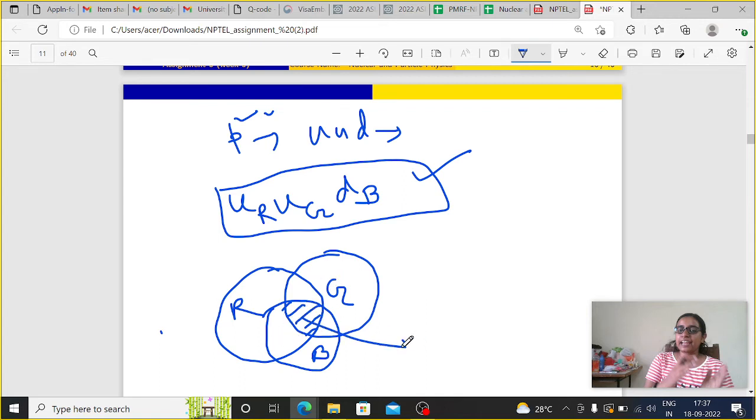This portion will give us white. All the particles which obey this configuration are the only ones applicable in our nature. Now I am writing here, let's say, this portion.